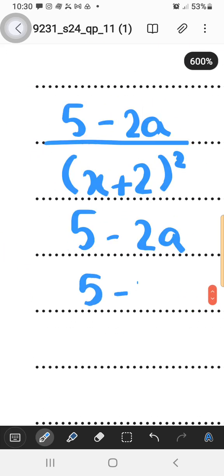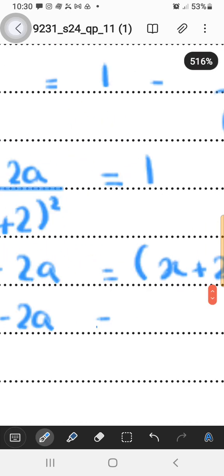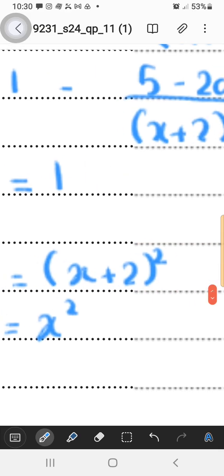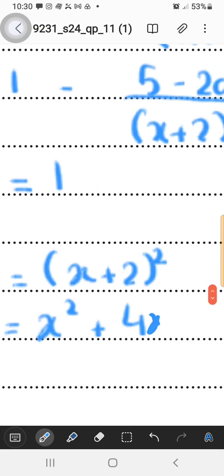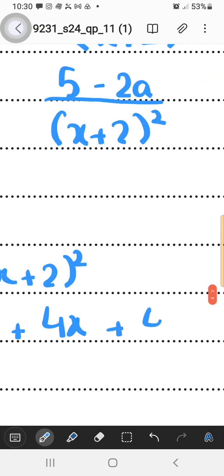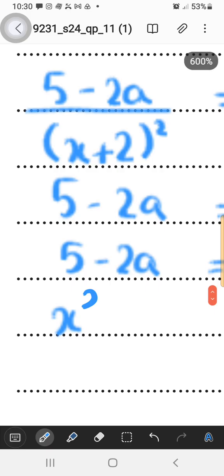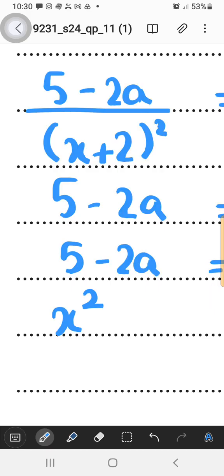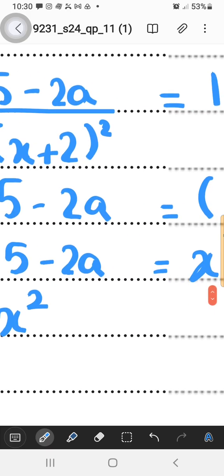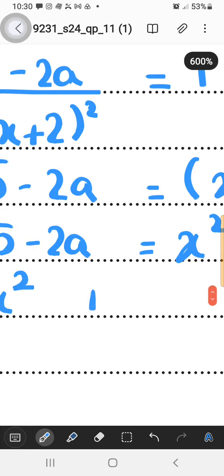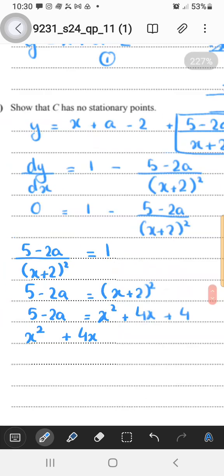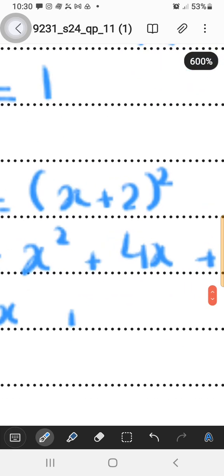Now we will expand the bracket as x square plus 4x plus 4. And now we will write it in general form: x square plus 4x plus 4.